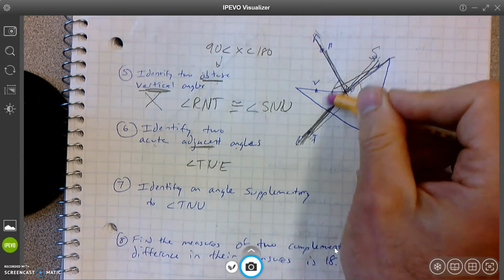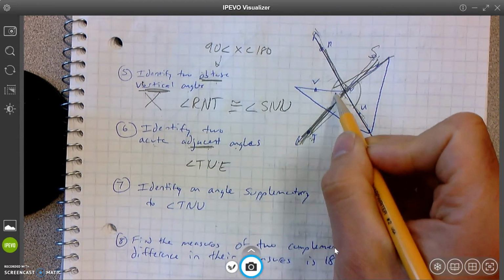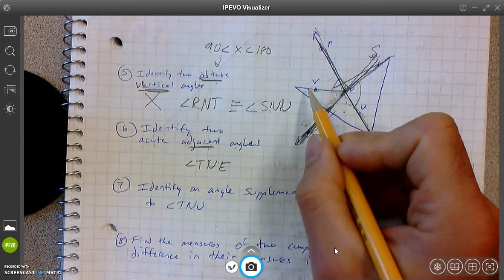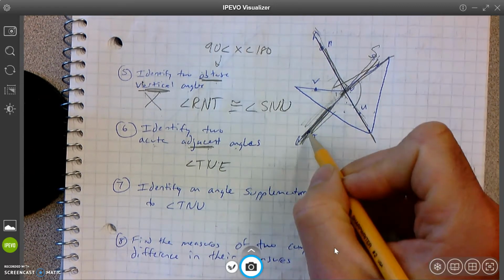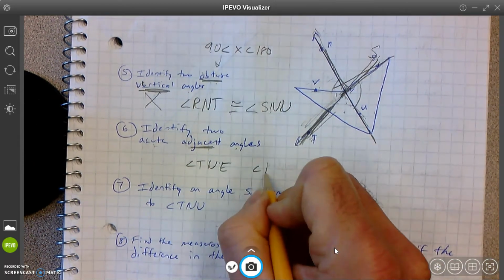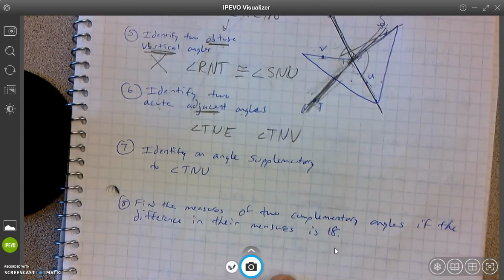I shouldn't draw this. I'm just indicating what they are, because that would mean they're congruent on the picture. But this angle here and this angle here, those are acute, and they're sharing this side. So I have T and U, and I have T and V. They're not congruent, so I'm just going to leave it like that.